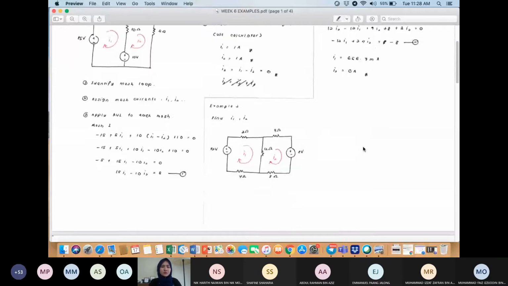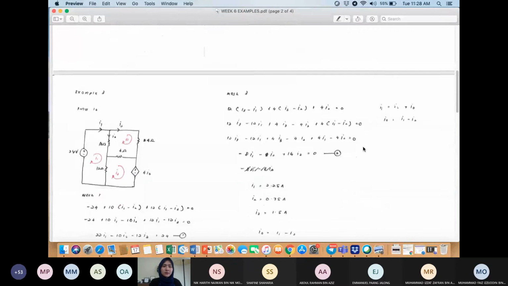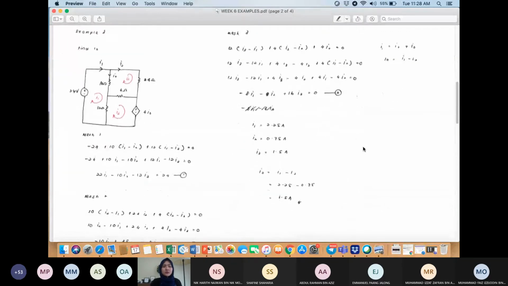Okay, so next we continue with example 3. Now for example 3, we have 3 loops. Okay, 1, 2, 3, 3 loops. Since we have 3 loops, then we have 3 mesh currents, I1, I2. However, the question asks you to calculate for the I0.